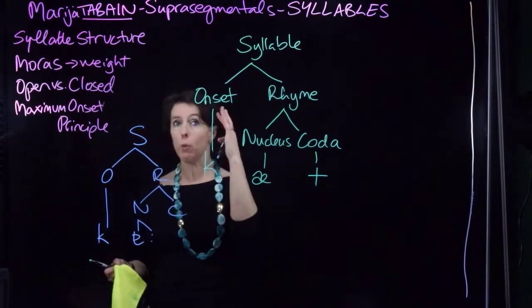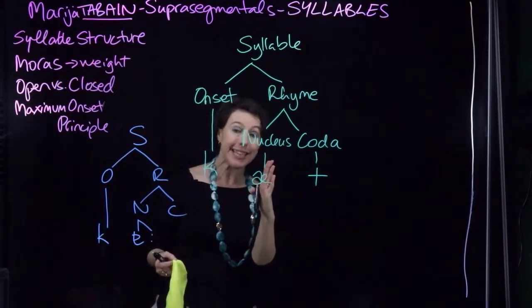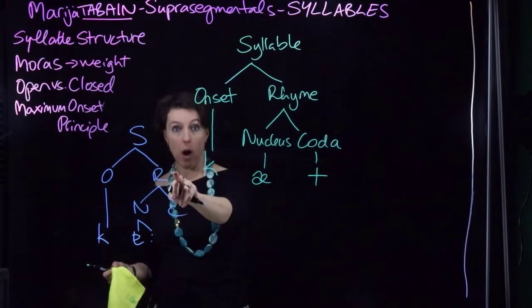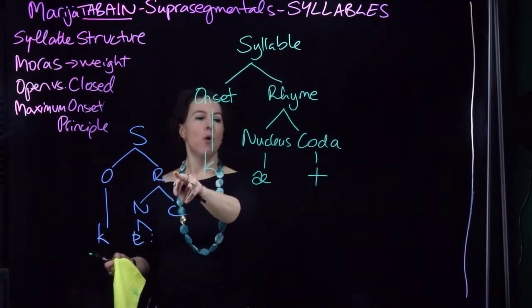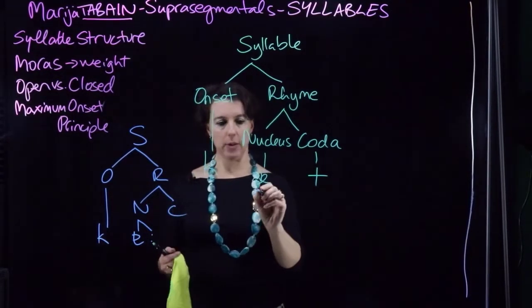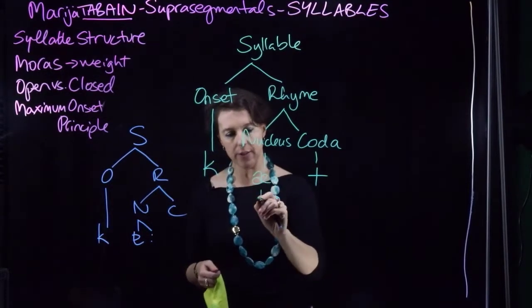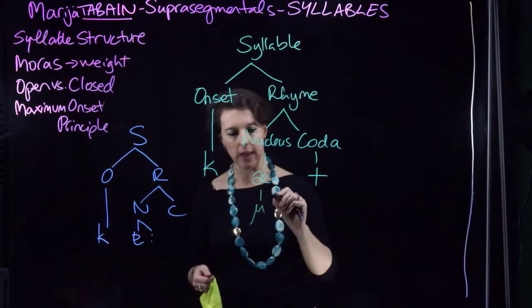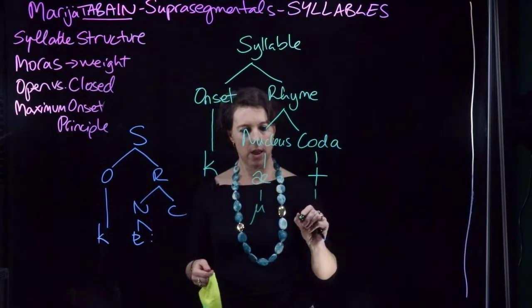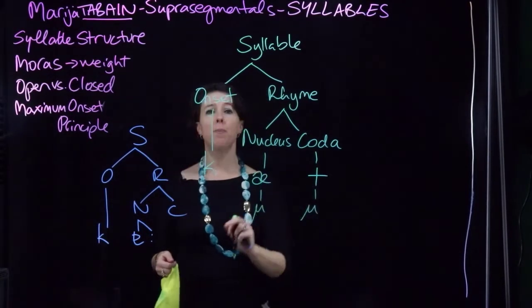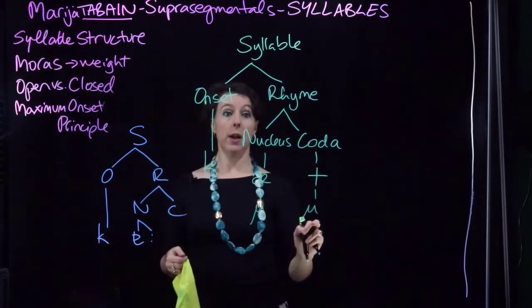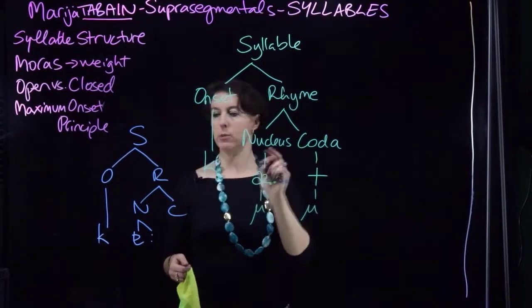So in the mora, what we do is we count the slots in the rhyme. For instance over here I could count one mora. I'm going to write a little Greek symbol mu here, but I might not keep writing that. We can just count them, 1 and 2. So 1 in the nucleus, 1 in the coda.